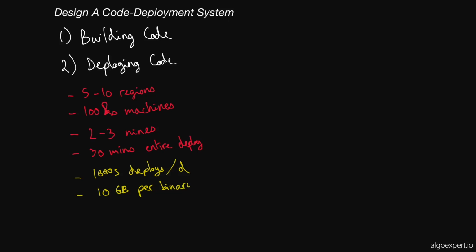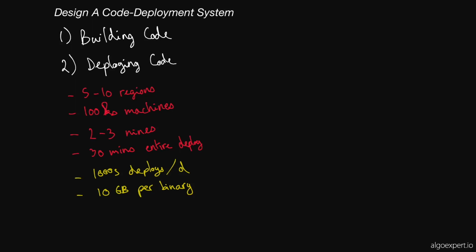Okay, so I think I have a general idea of what system we're designing here. What I've written down basically are the main system requirements or system restrictions that I'm thinking about. And to be honest, I think that we can design this system in two main parts, because the two things that we mentioned at the beginning, building code and deploying code, actually seem like the two clear subsystems of the system.